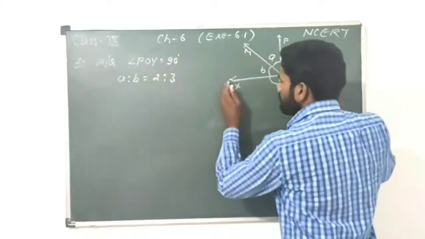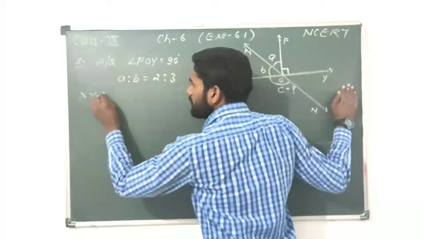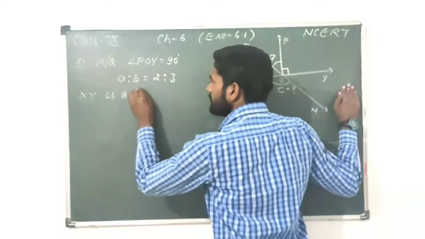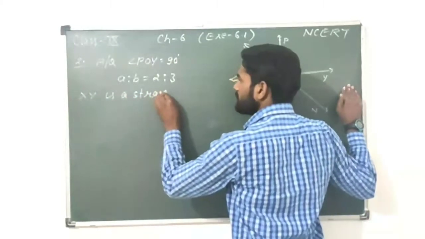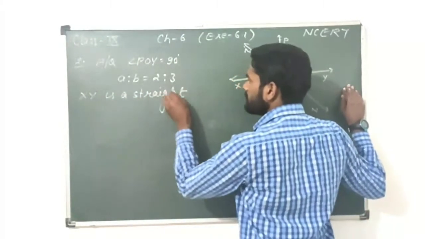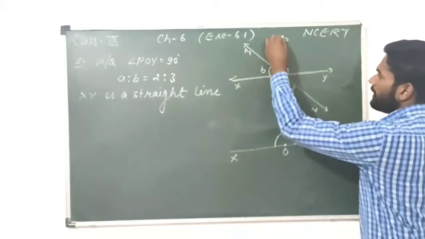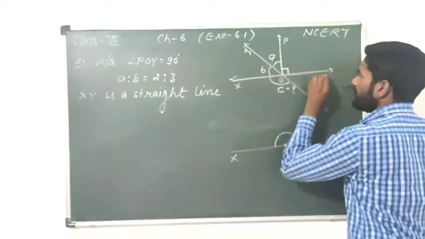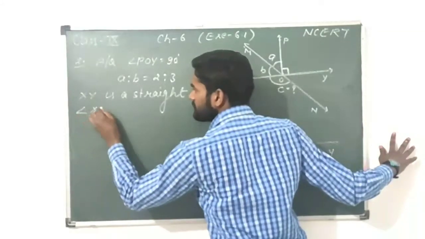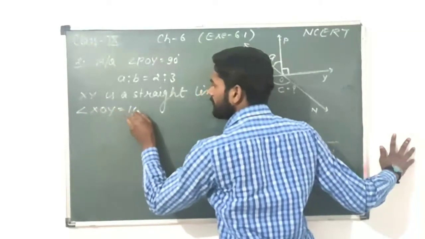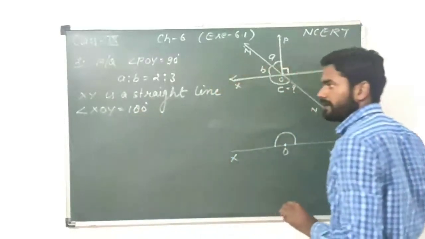So I am writing: XY is a straight line, therefore angle XOY will be 180 degrees.